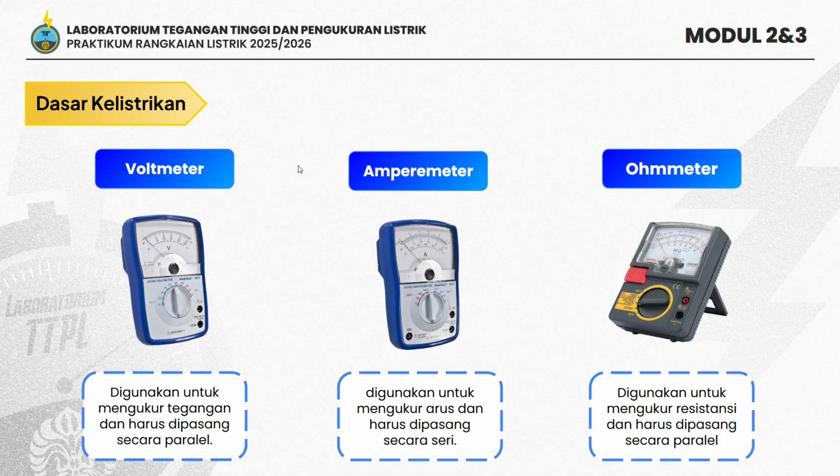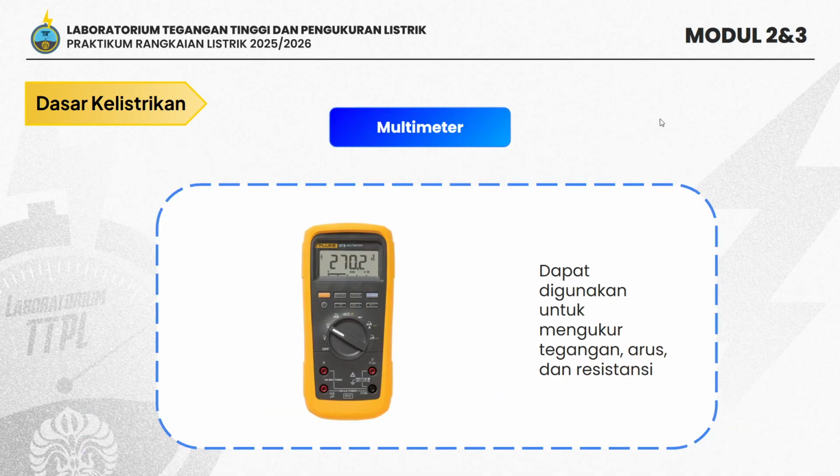An ohmmeter is used to measure resistance in a circuit and can also test whether switches, fuse, or cables are broken. There's also a tool that can measure all three variables at once. It's called multimeter. Depending on the type, some multimeters can even measure up to 5 variables.